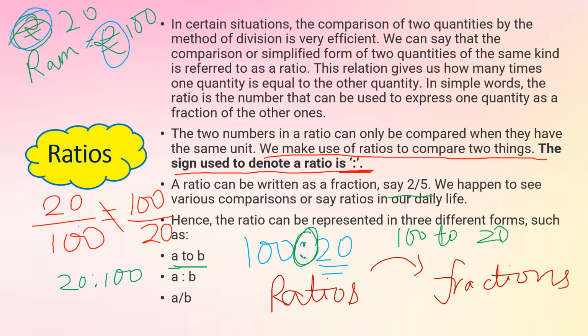Then A is to B. When a colon is there, we read it as "is to", so 100 is to 20. And then A upon B as the fraction, 100 upon 20. Okay? Now let's go further.